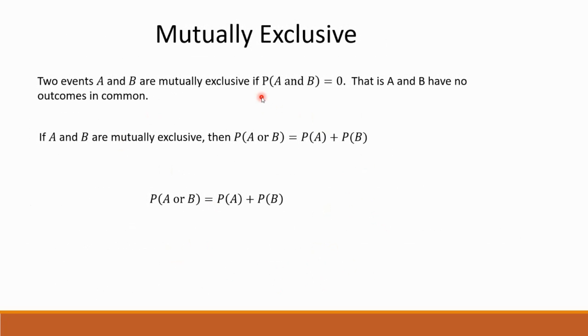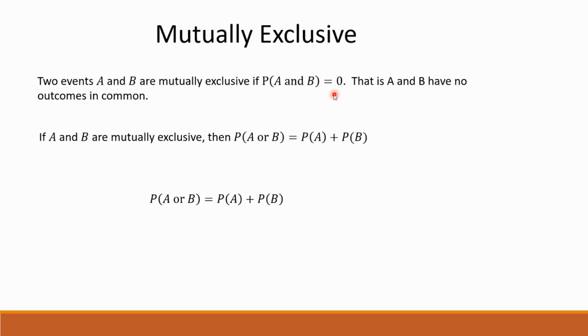Basically, two events are mutually exclusive if they both cannot occur at the same time. For the previous example, they were not mutually exclusive. But if they can't occur at the same time, then we have this: the probability is 0. They have nothing in common.